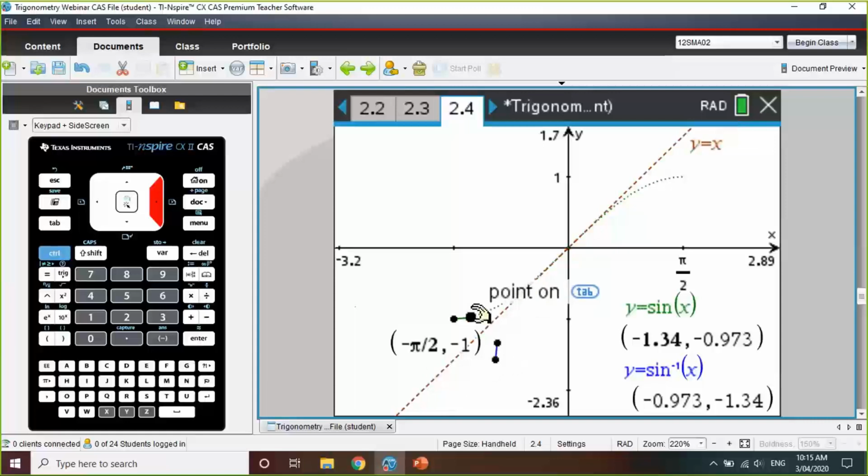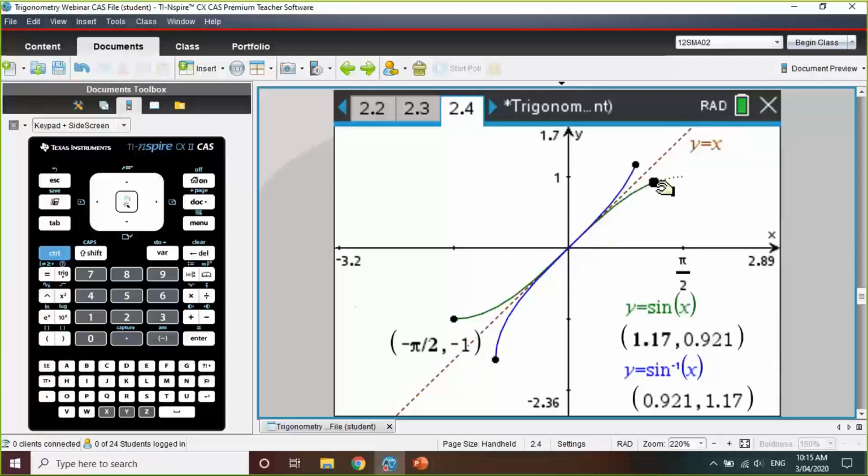So with sine, it needs to be restricted from -2 pi all the way up to pi. Okay? And remember, as we're going along, our x and y values are swapping. So at the moment, with sine, if x is 0.757, that's going to be the y value of our inverse sine. Okay? So that's one way of keeping track of our inverse trig functions.